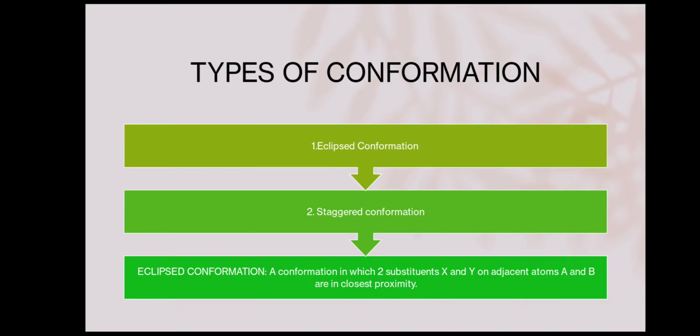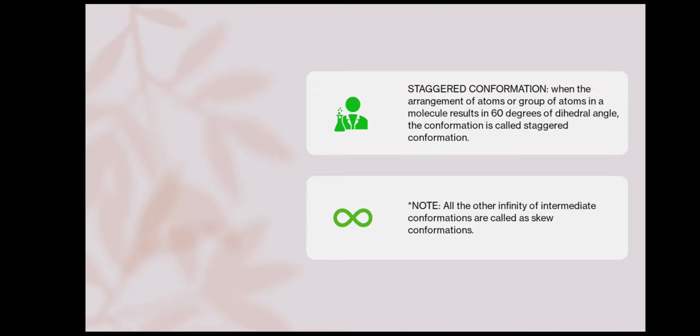For example, let's say CH3 is in front, which is covered by another CH3 in the back. That type of conformation, in which the adjacent atoms get covered and the molecule is in closest proximity, is known as eclipsed conformation.